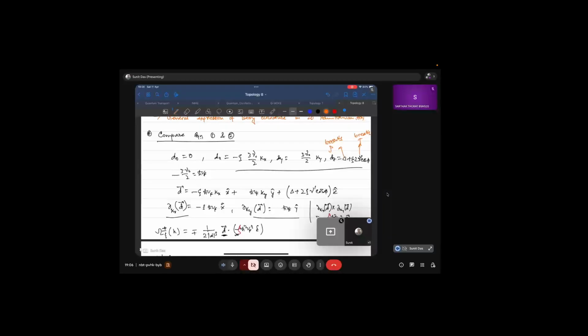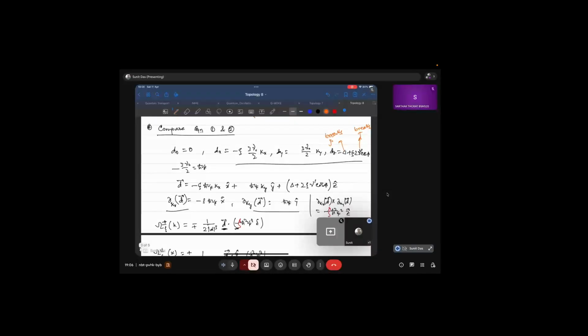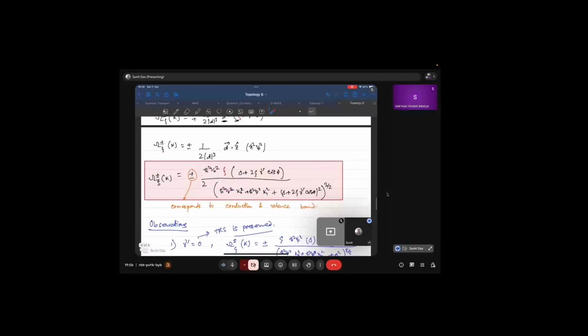So if this gamma prime term is zero, which is the case when time reversal symmetry is preserved, then as long as you have a finite delta term, you will have a finite Berry curvature term. If the delta is zero, which means the graphene is inversion symmetric, but gamma prime is finite, then also the Berry curvature individually is non-zero.